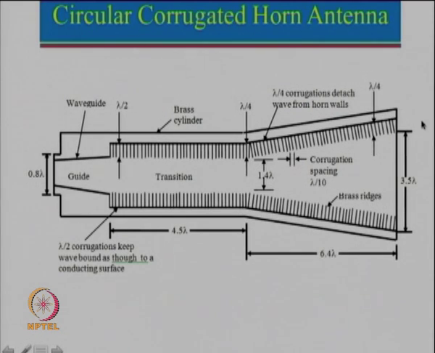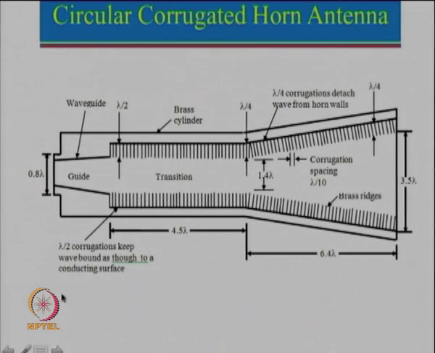This will make the E plane relatively symmetrical with that of the H plane, or you can say the E field here will go to 0, and it will be maximum in this particular region. So this is a nice transition which they have done.